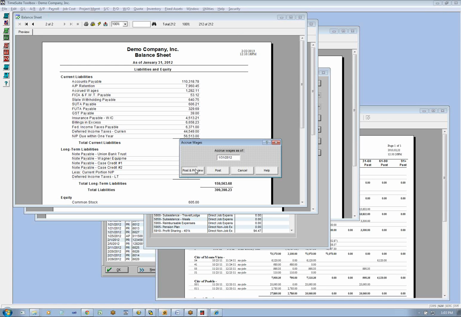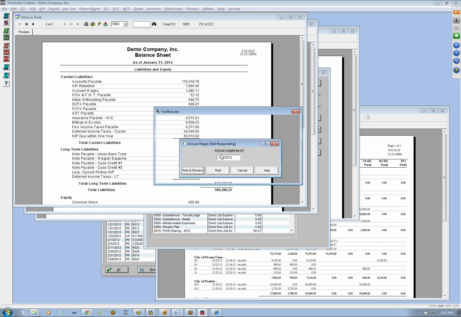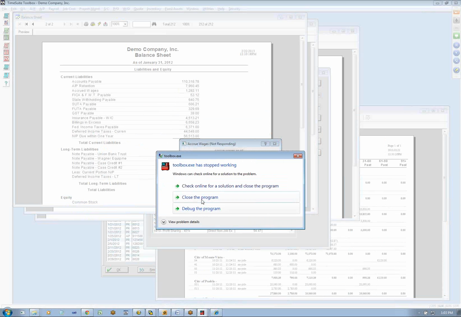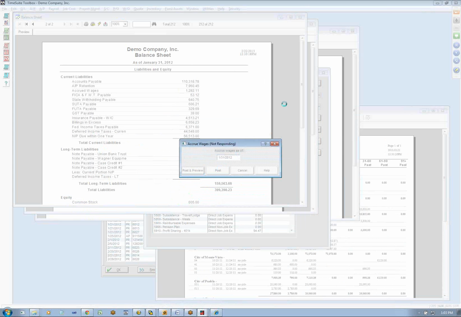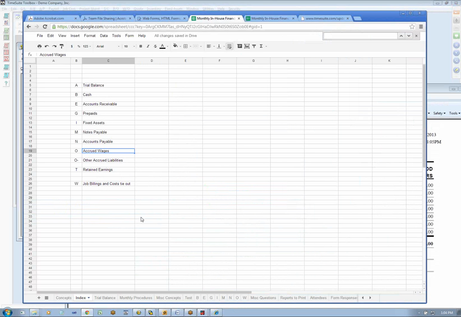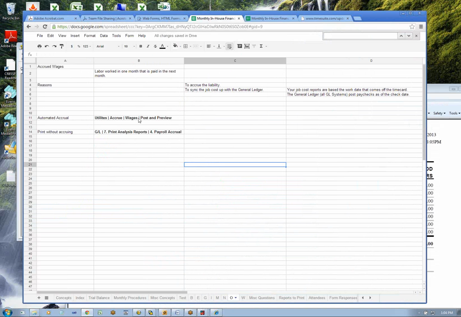This is important to do as part of your monthly process because it accrues all your burdens perfectly. Accruing payroll would be a massive job to do by hand manually, so the system goes through it and perfectly accrues it. That's the perfect thing to automate.